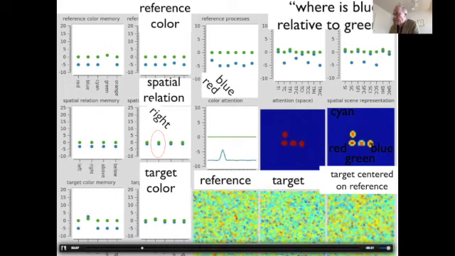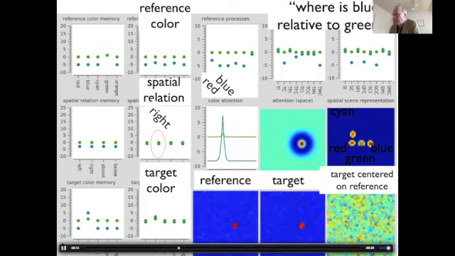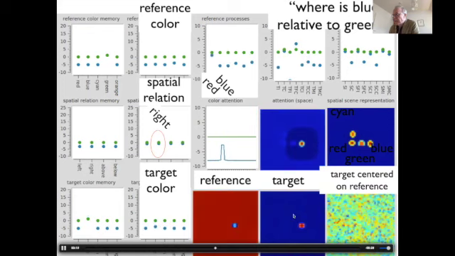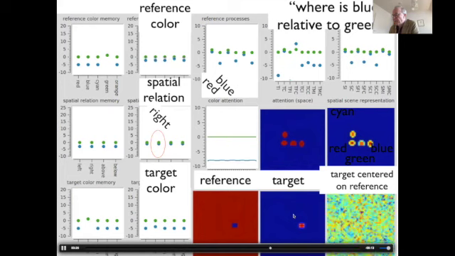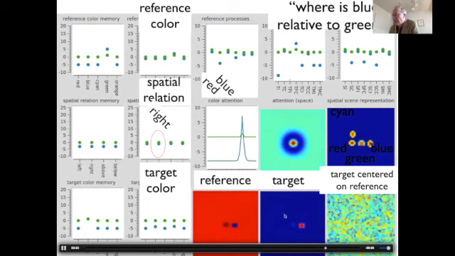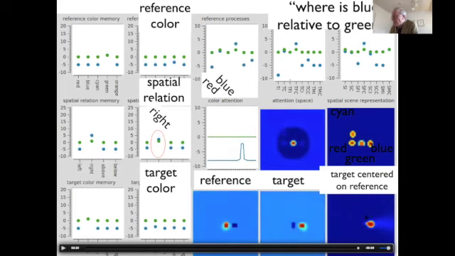So the colors are brought in, the target color is brought in, and that enables the selection of a target, and then the reference color must be coming in, and at some point the reference object comes in here. And now you see the spatial operator already lighting up. Once the centering has happened, that will give you the answer of to the right of.